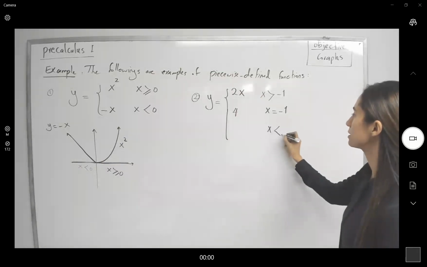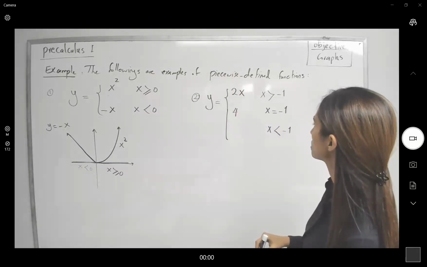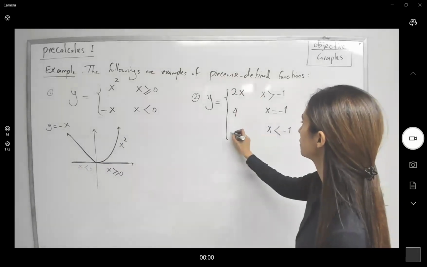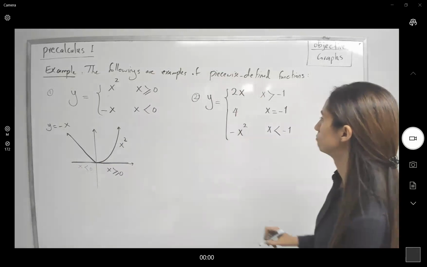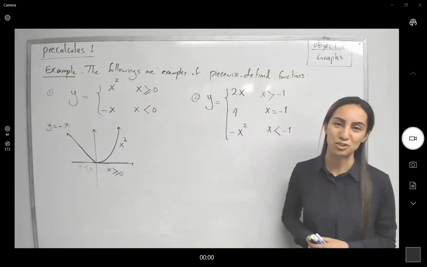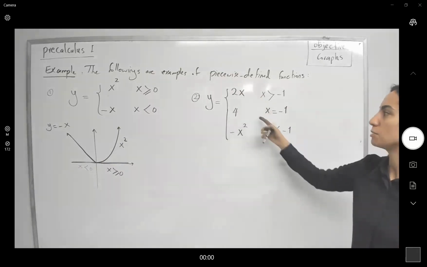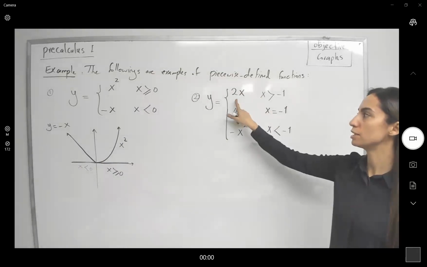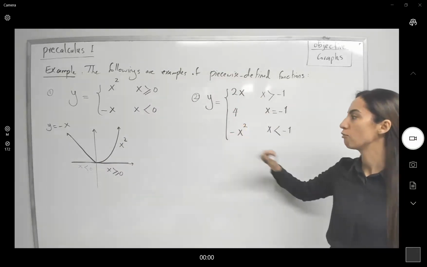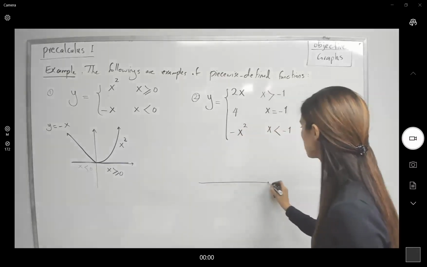And if x is less than -1, I want this guy to be, let's see, something else, -x squared. Out of nowhere, just using your imagination, having fun with functions. So this function has 3 pieces. One piece is linear, one piece is constant, one piece is quadratic. So let's graph this guy.